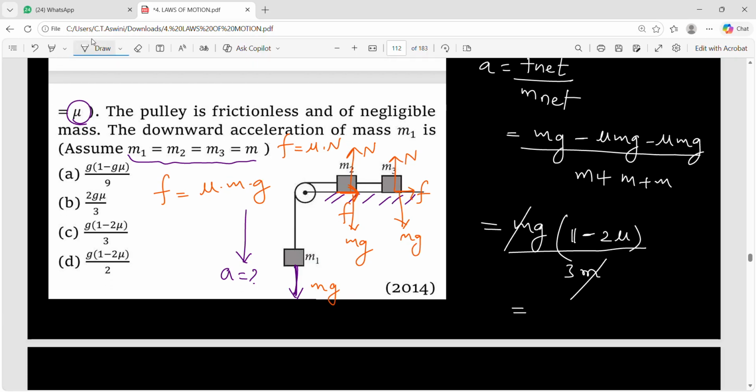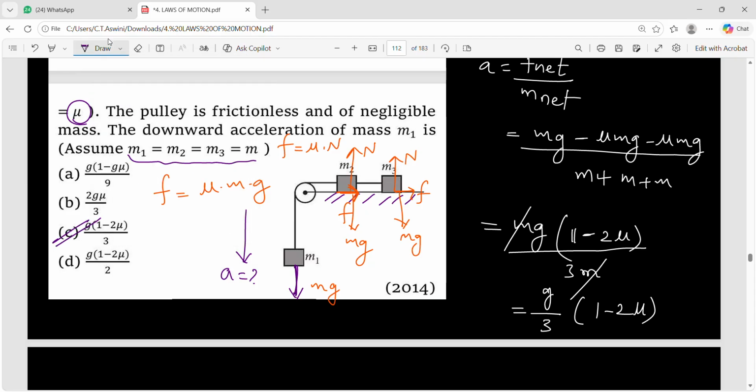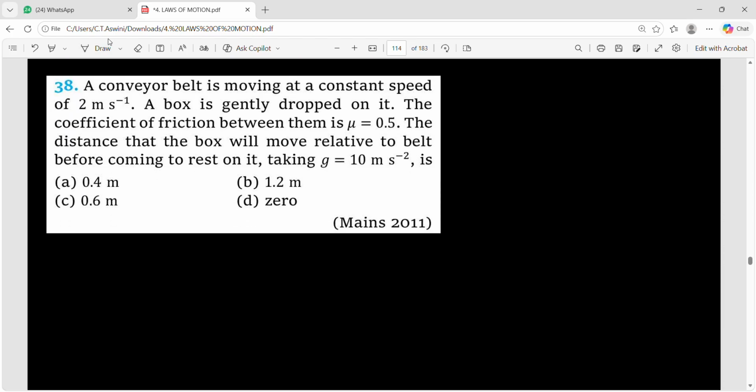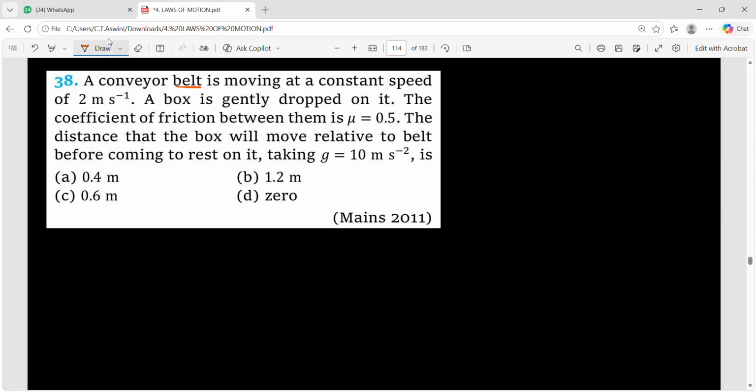So what you will be left with? You will be left with g upon 3 into 1 minus 2 into mu. So option C is your answer. Clear? Just practice.